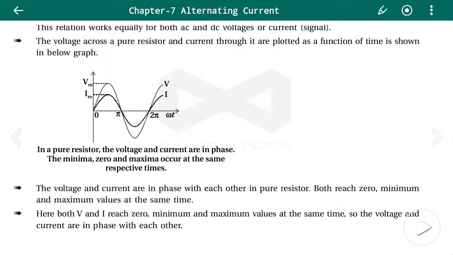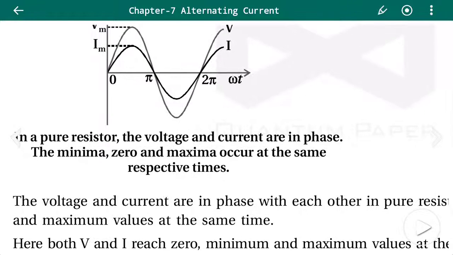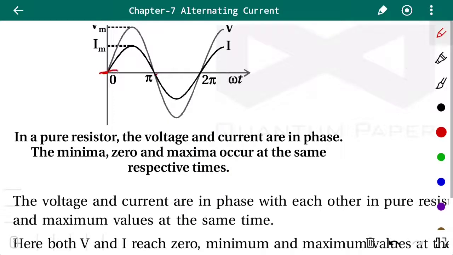The voltage and current are in phase with each other in a pure resistor. Both reach 0, minimum and maximum values at the same time. Here you can see in the graph that the voltages are 0 at pi, at 2 pi its value is the same, and at pi by 2 it reaches the maximum at the same time.